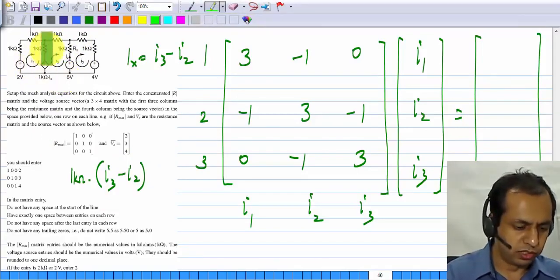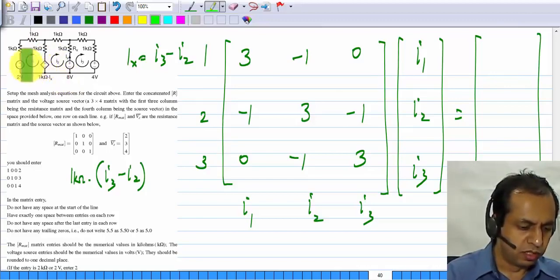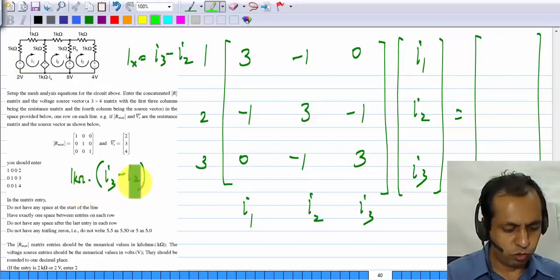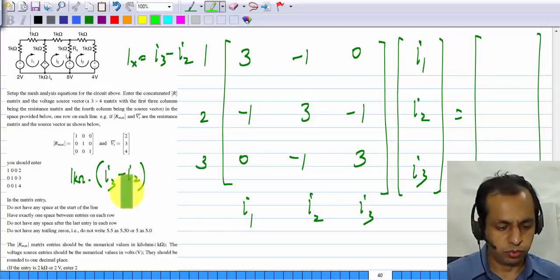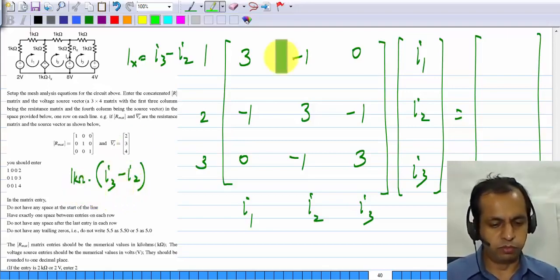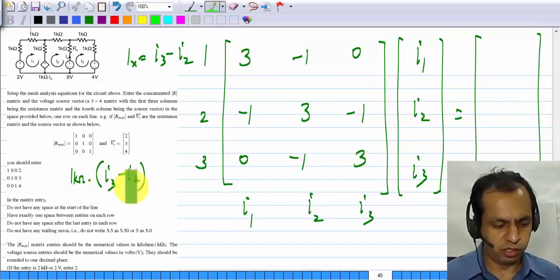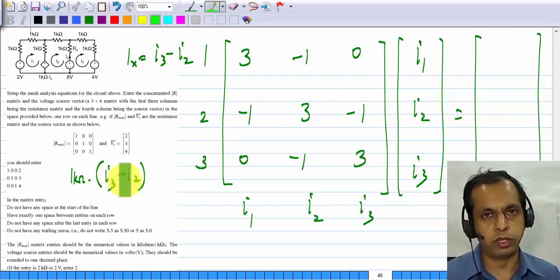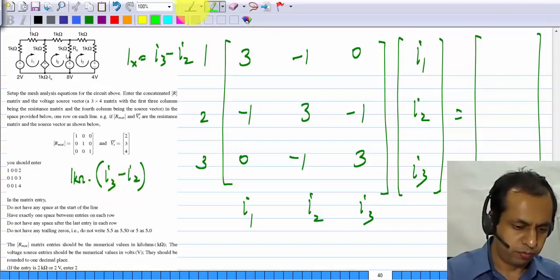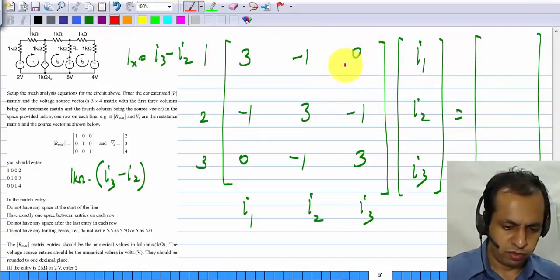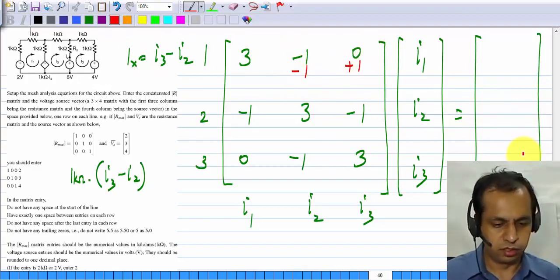First we'll consider the first mesh. In the first mesh there is a voltage drop of 1 kilo ohm times I3 minus I2. So to the first row we have to add +1 to the coefficient of I3 and -1 to the coefficient of I2, when we are looking at the coefficients in kilo ohms. So we have +1 over there and -1 there.